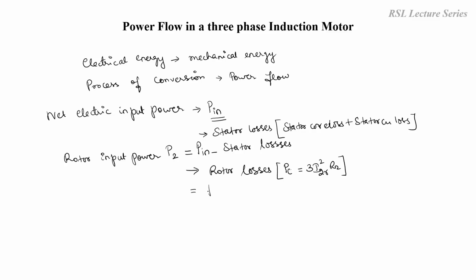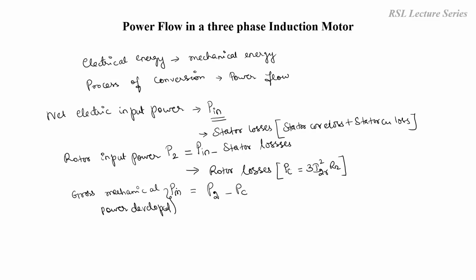The rotor input power minus the rotor copper loss is the mechanical power, which is nothing but the gross mechanical power developed in the motor. So the gross mechanical power developed in the motor is given by the rotor input power minus the rotor losses.